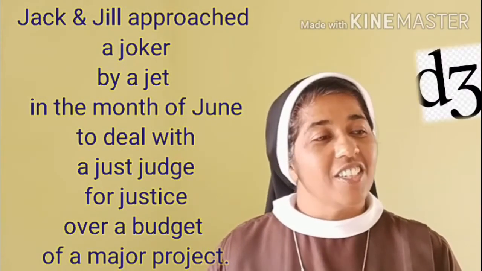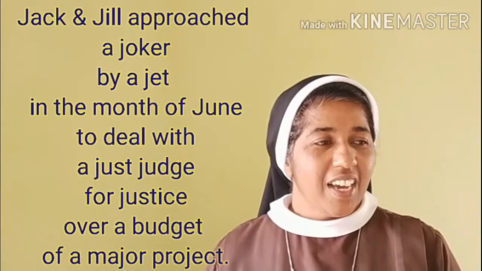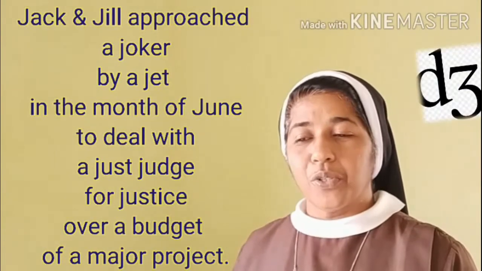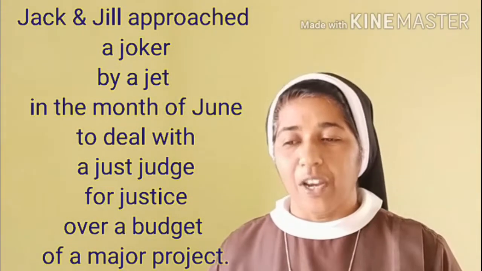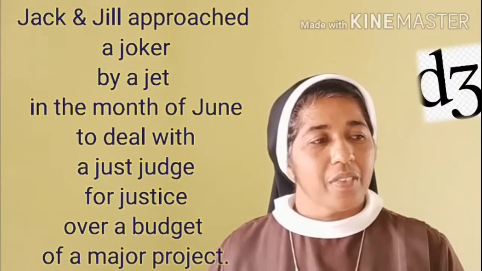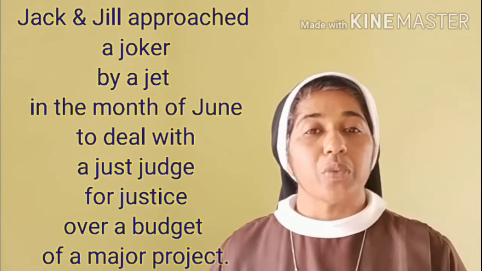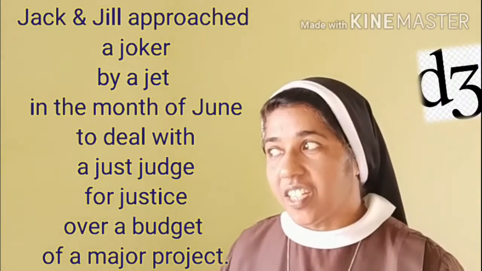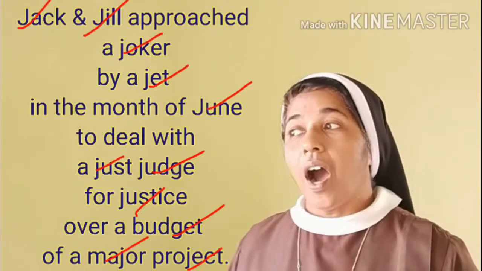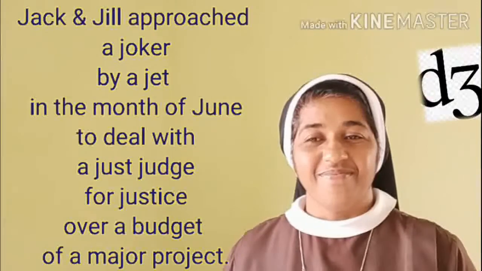Just judge for justice. He is very true to his views, so he is a just judge. He always deals with the truth. So, just judge for justice over a budget of a project.